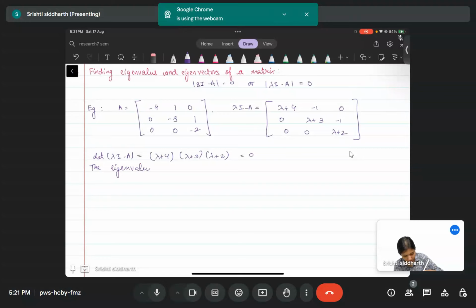So this is already in factored form. The eigenvalues are minus 4, minus 3, and minus 2. So now these are distinct eigenvalues. Let's write that down.